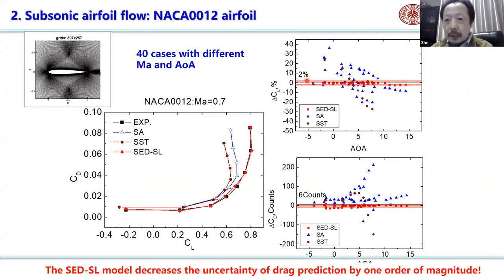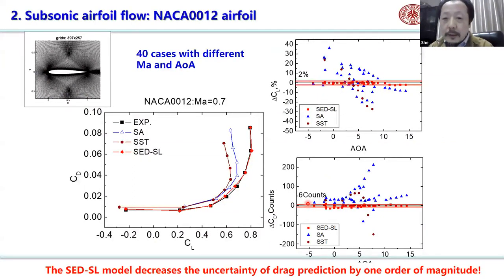Here, look at different angles of attack. Compared with the SA model and SST model, you see that they all have a systematic deviation in the error as a function of the angle of attack. But the new model doesn't have this systematic error, and all are below 22% for the lift coefficient, and below 6 counts for the drag coefficient.